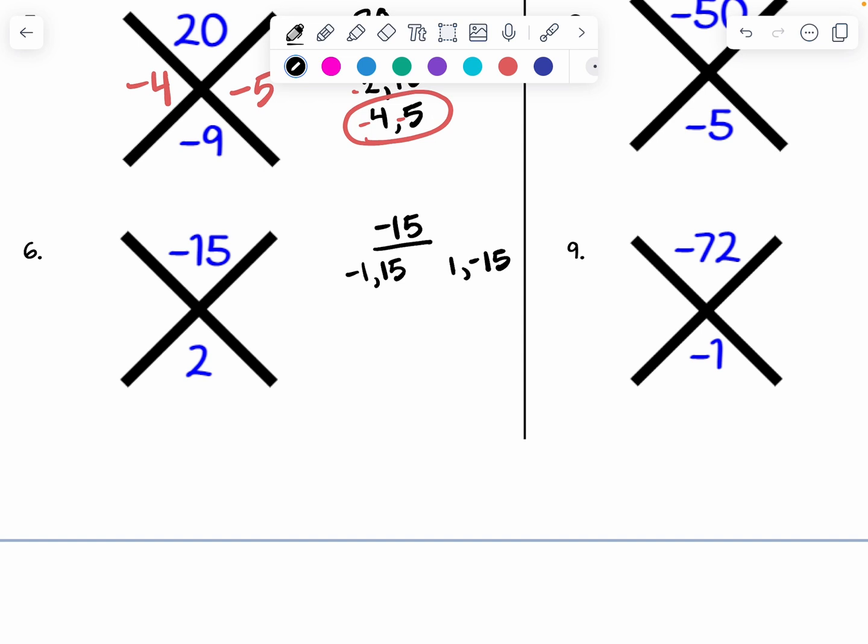And then I have 3 and 5, so negative 3, positive 5, or positive 3, negative 5. So now that's all of the pairs. Which one would add up to positive 2? That would be negative 3 and positive 5. So let's check. Negative 3 times positive 5 is negative 15. Negative 3 plus 5 is positive 2.